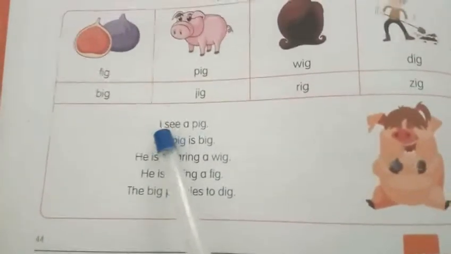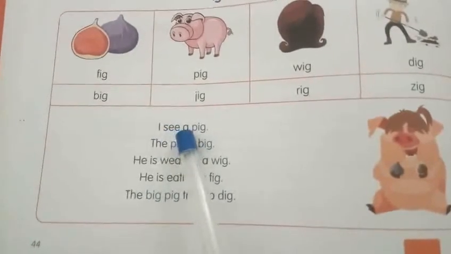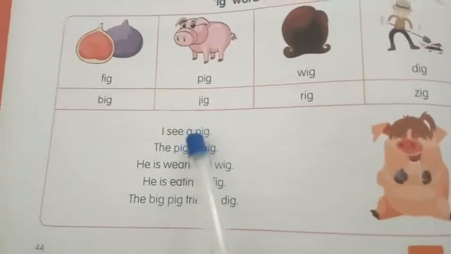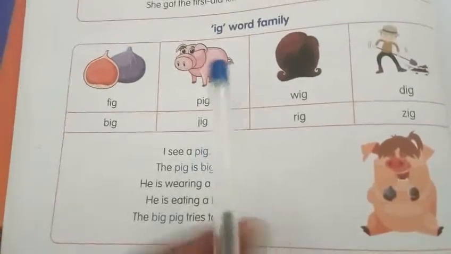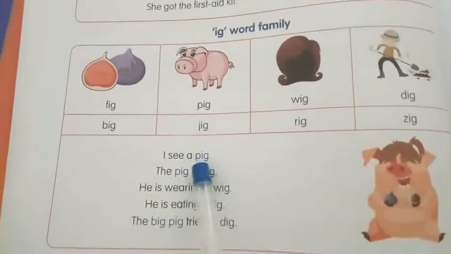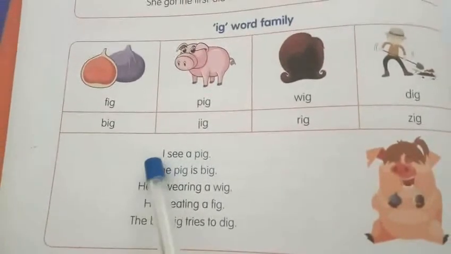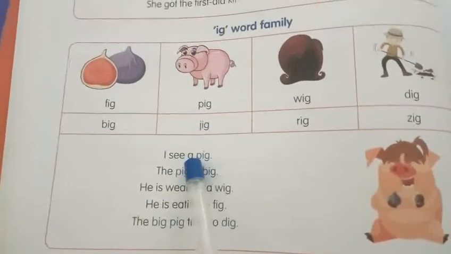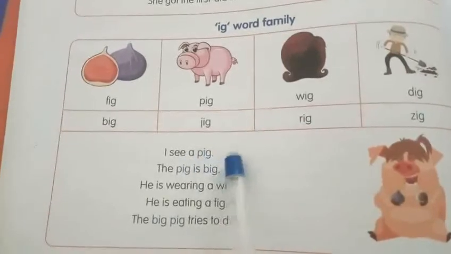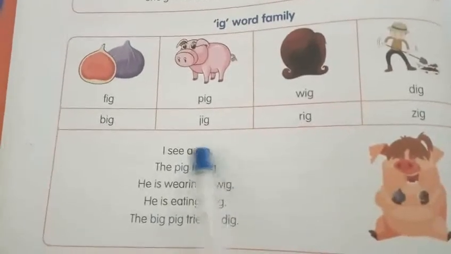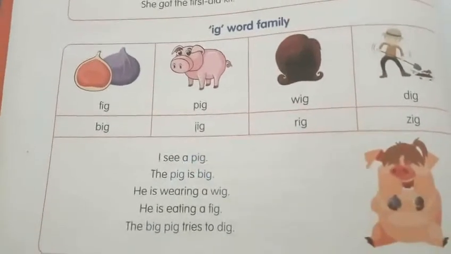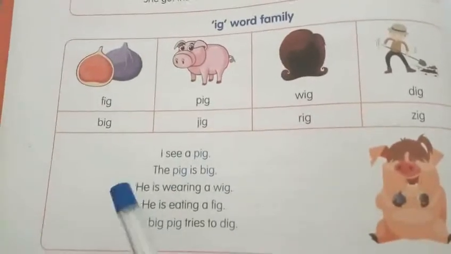Here also we have some sentences, okay? You have to read the whole words. After that, use the sounds. Read the eg word family. Right? Phonic sounds. You have to use that. Example. I see a B-E-G, beg.